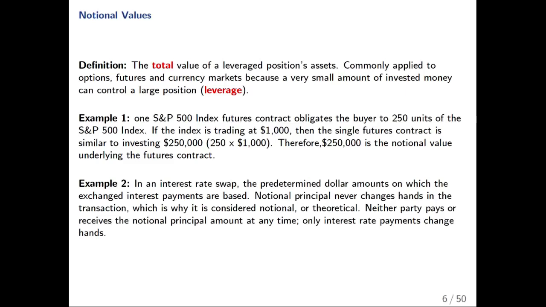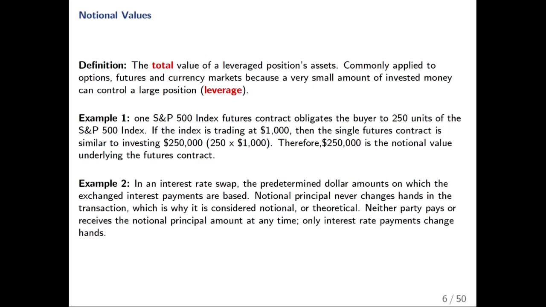I would pay 5% on that $100 twice a year, so I'd make a $2.5 payment twice a year, $5 in total, and the floating rate payment might be LIBOR, for example. The notional in this example was $100. That $100 is never exchanged, just like the 250,000 is never exchanged here.